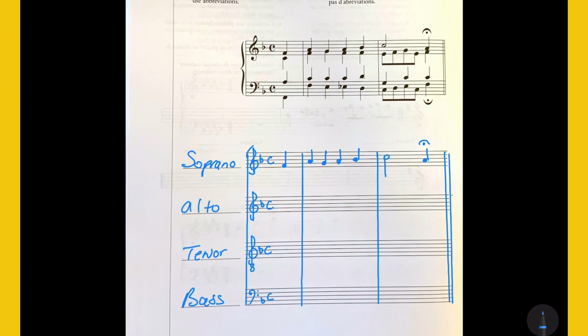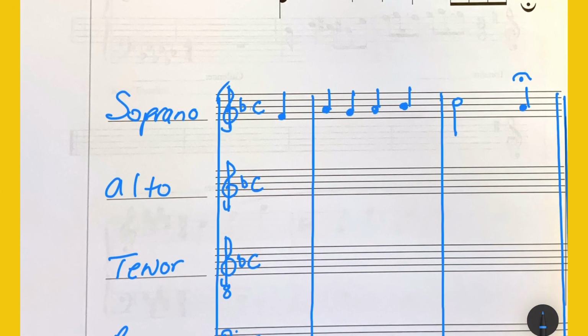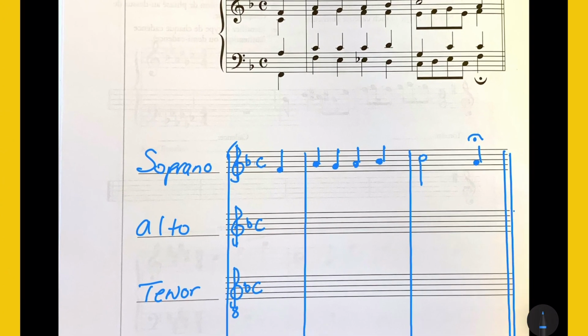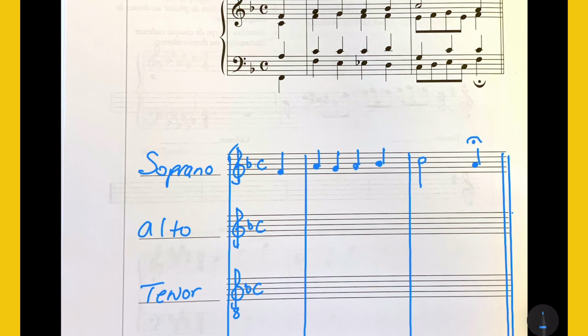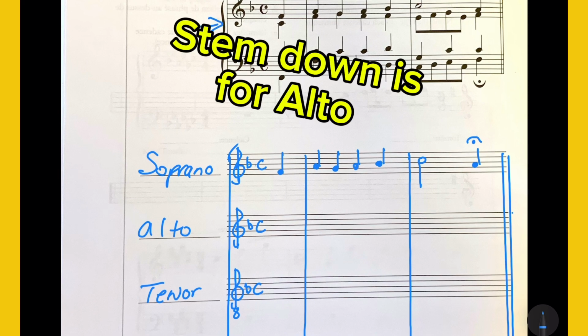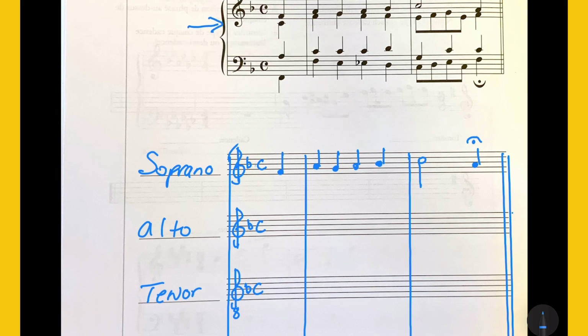Let's now work on the alto clef. So the alto clef is going to be for those where the stems are down, and we have to line up the notes. So the first one, and we have to follow stem rules.